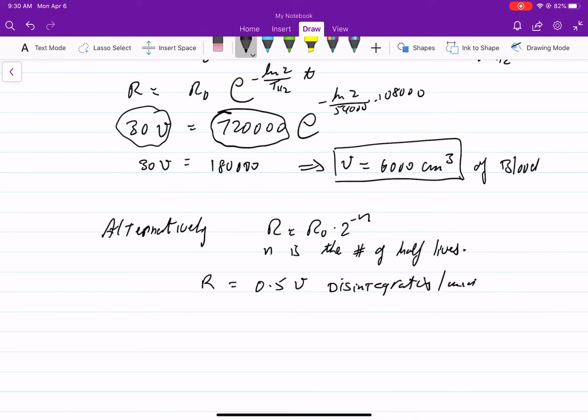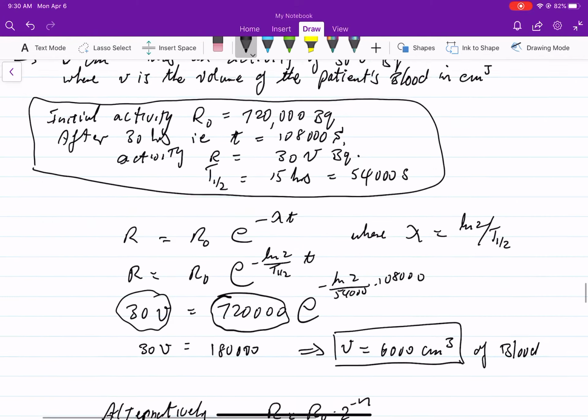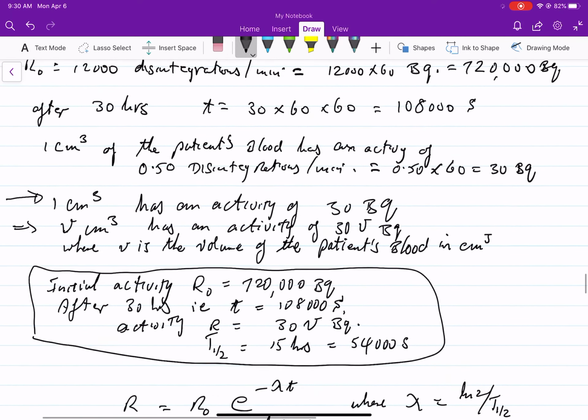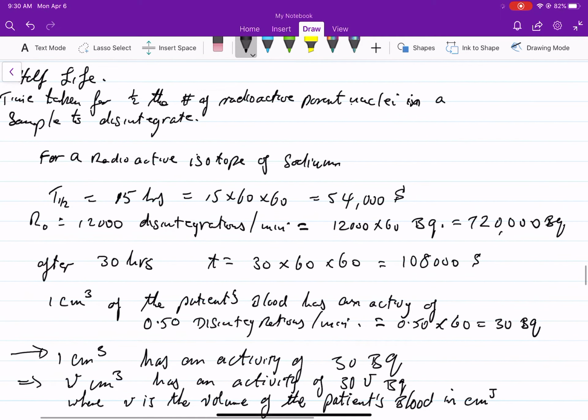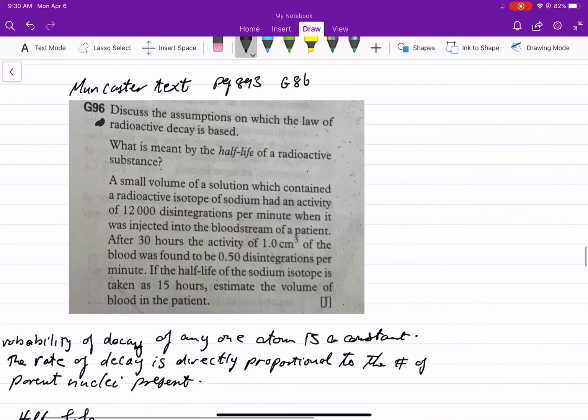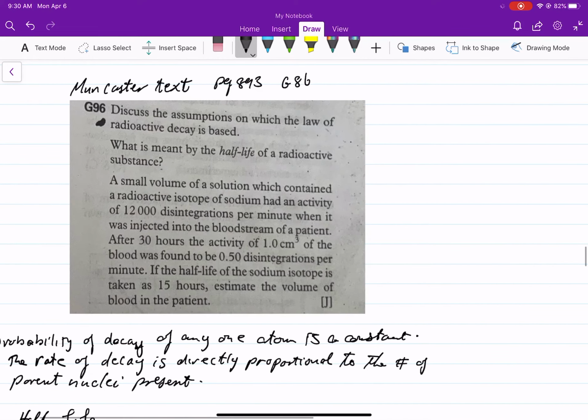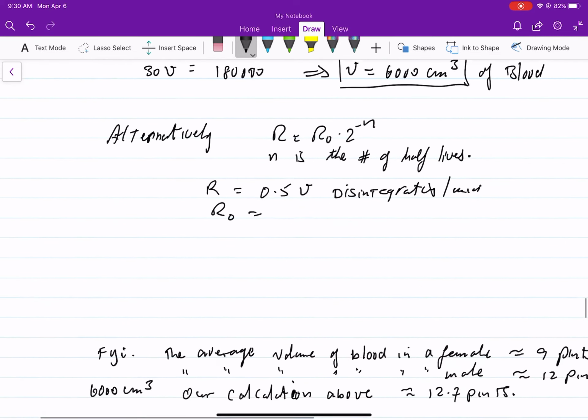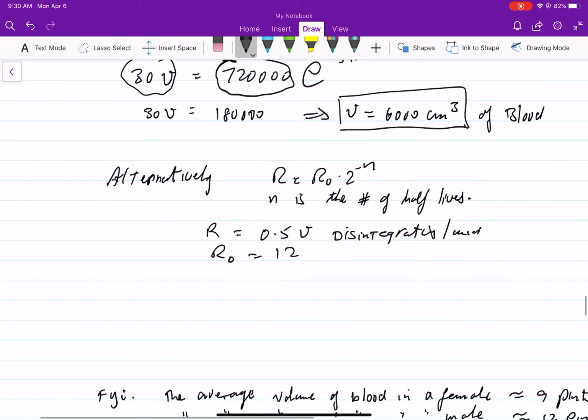The original rate of decay, R0, they gave as 12,000 disintegrations per minute. I could have left that in disintegrations per minute as well, because if I put disintegrations per minute on both sides, then that doesn't affect anything. Keeping in mind, V is still in centimeters cubed.